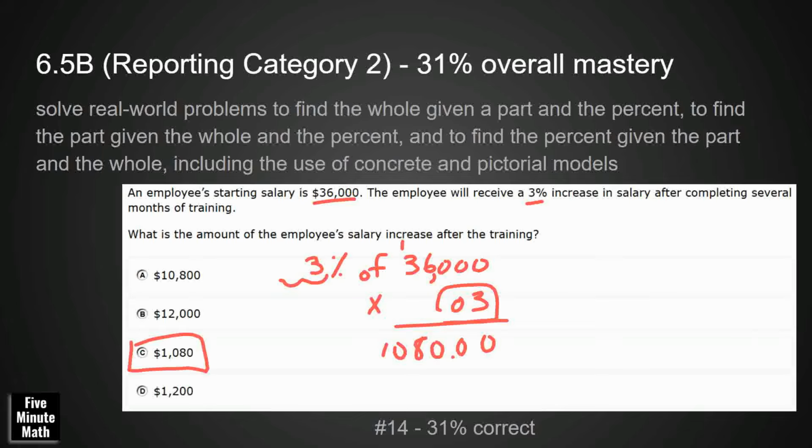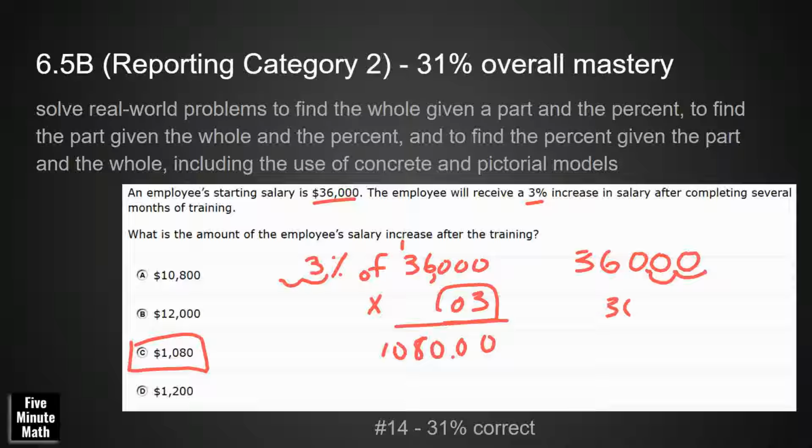That's it right here. Or one way is we could find 1% of 36,000. All right, so if I take 10%, I'm moving the decimal over once. 10% is 3,600 because you're just dividing by 10, or taking 1/10. If I move another decimal, that's 1%.